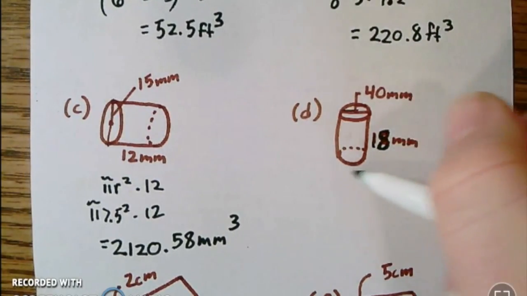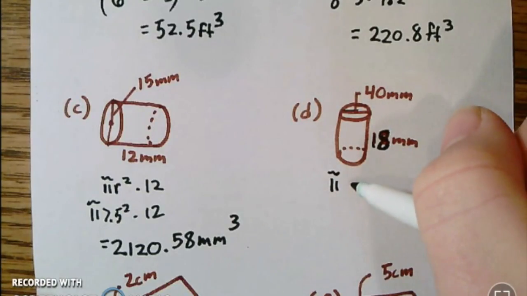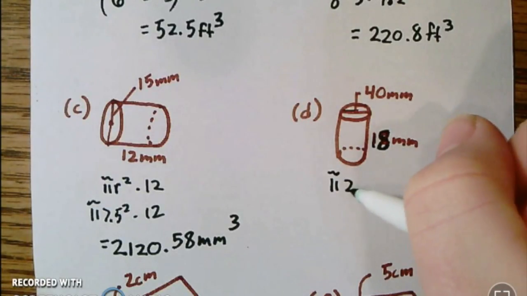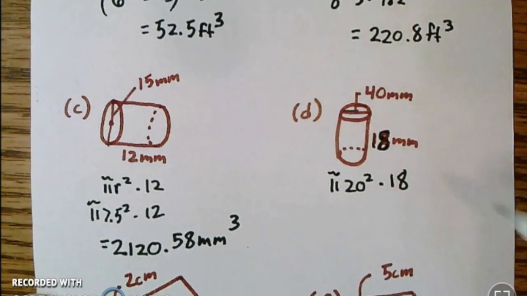So now we have pi times r squared. 20 would be the radius. So 20 squared times 18. 20 times 20 times pi times 18.